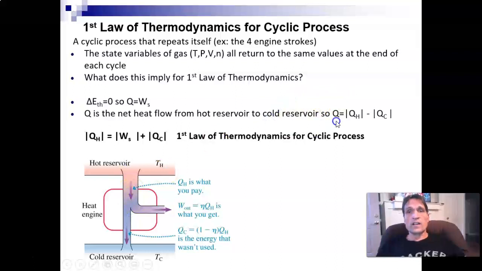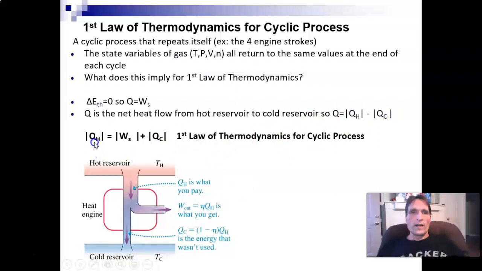So we can write Q as the difference in the absolute values of Q hot minus Q cold, where Q hot is the heat entering the system from the warmer body, and Q cold is the heat leaving the system to the colder body, exhausted.